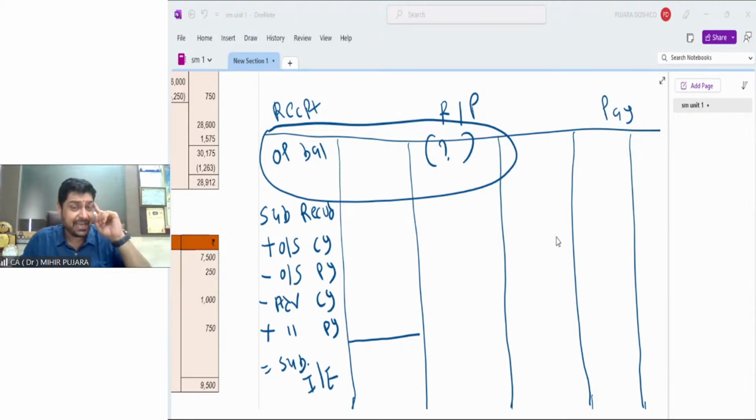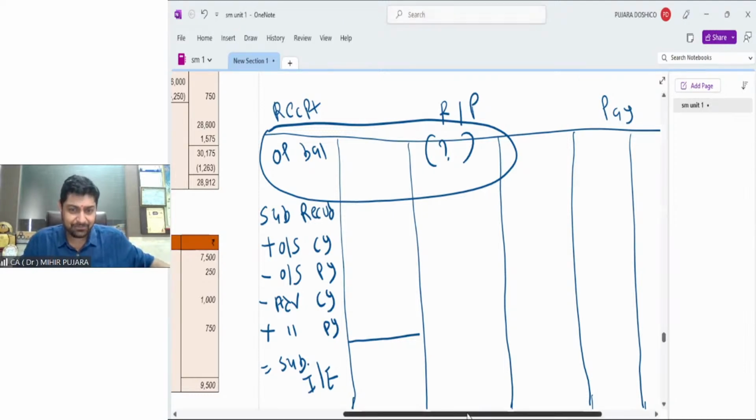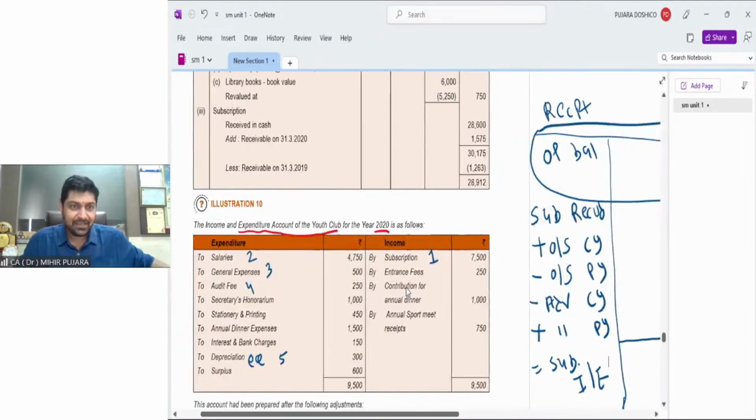Now see very carefully, remember very carefully, guys. It's a very interesting point. Now see very carefully.